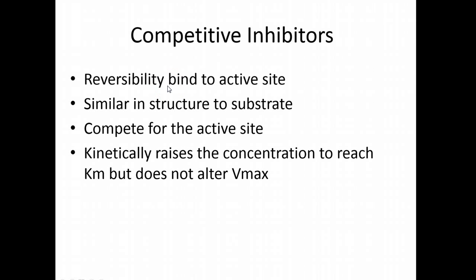I've told you multiple times that enzymes are incredibly specific. So invertase only sees sucrose. Let me tell you now that we can make a molecule that looks a lot like sucrose, that if the enzyme squints and looks at it, it looks like sucrose, but it's really not sucrose.